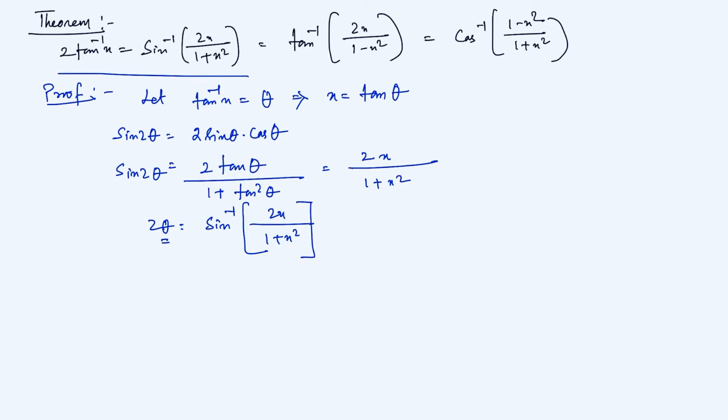We have assumed theta is tan inverse of x, so instead of theta we can replace tan inverse of x. So 2 into tan inverse of x is equal to sine inverse of 2x divided by 1 plus x square. This is the answer we needed to prove, so we are done with this one.